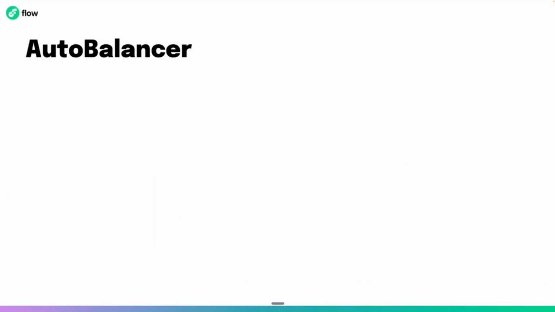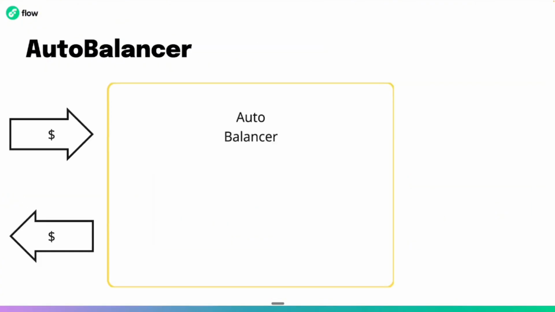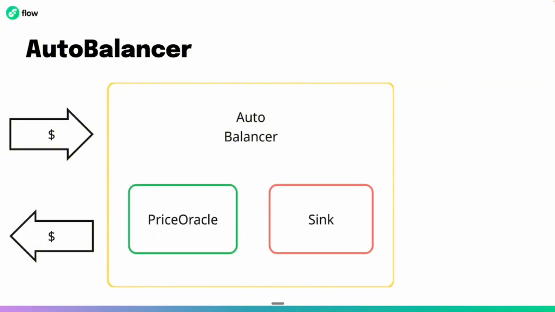We're not going to talk too much about the AutoBalancer, but the AutoBalancer can accept deposits and will provide you withdrawals of that same token type, but it tracks the value of those deposits over time. So if I put in, for example, $100 worth of Flow, that $100 will be noted in the AutoBalancer, and it does that with the price oracle.